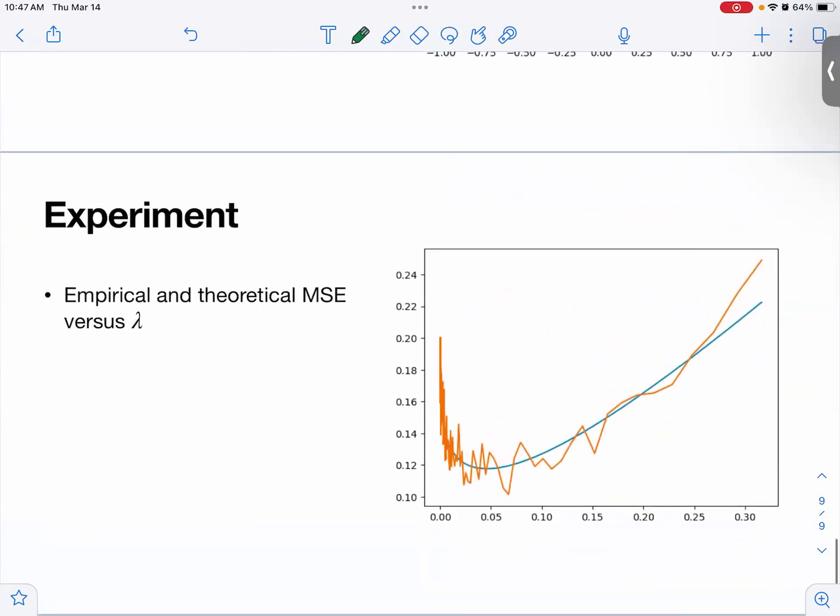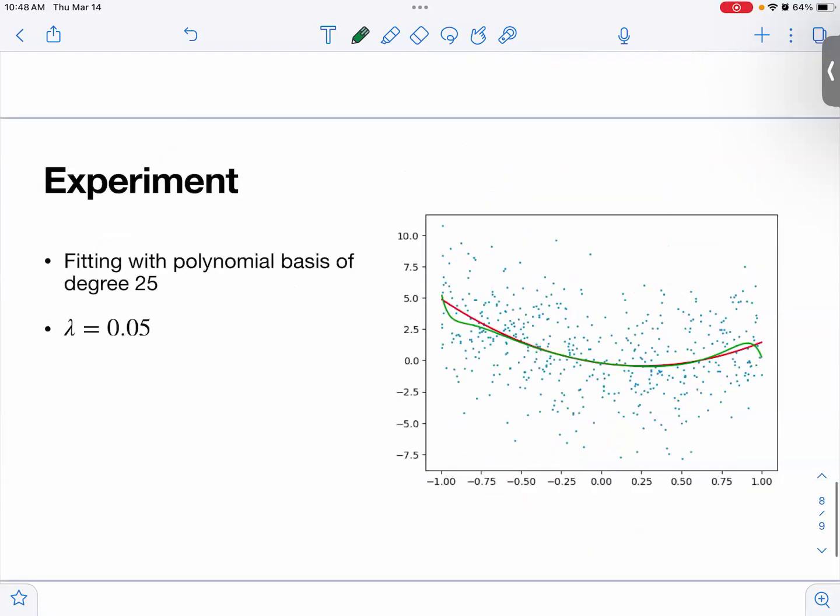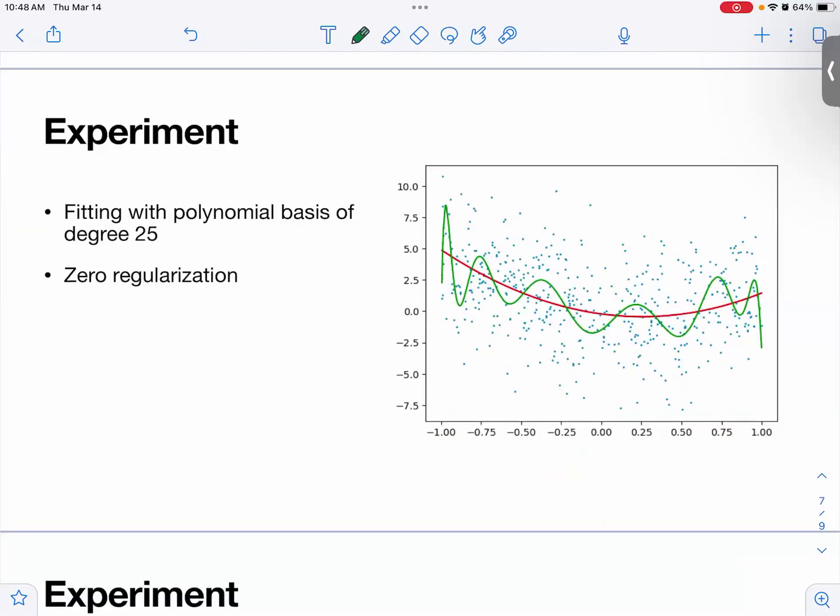And this is plotting the empirical MSE versus the theoretical formula that I showed you. The empirical one is just based on the one sample that we did. The theoretical one averages over multiple runs of the experiment where the function is the same, but you generate different y's, given the same x, conditional on the same x.